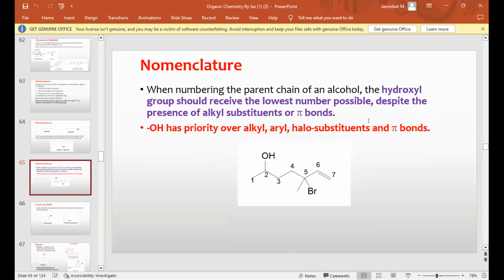Even if a structure has pi bonds and halogens as well as the OH, the priority is that we want our OH to have the lowest number. So we start our counting from here: 1, 2, 3, 4, 5, 6, 7. We want our OH group to have the lowest number.